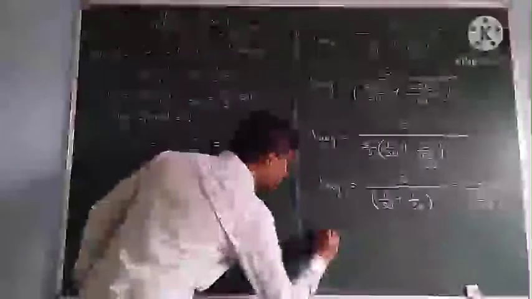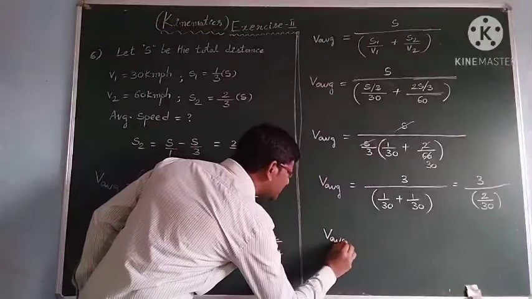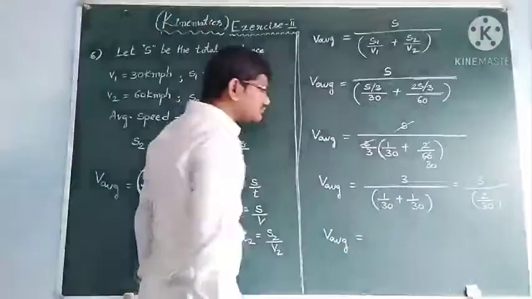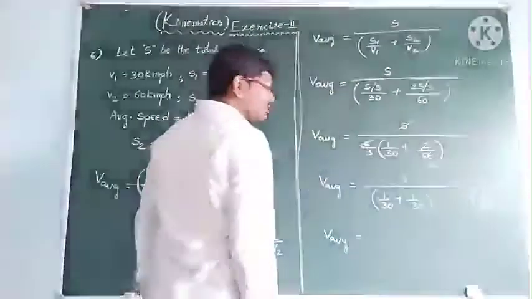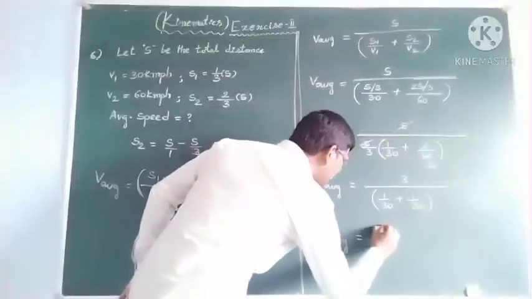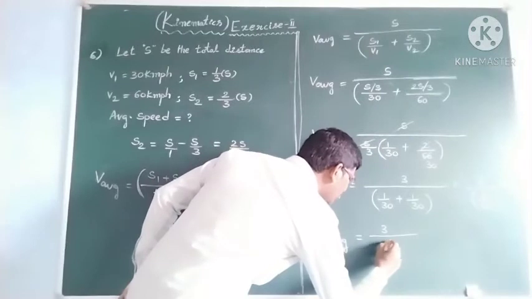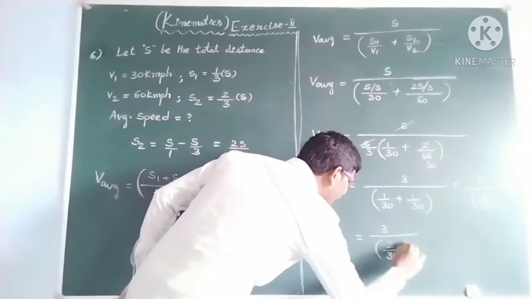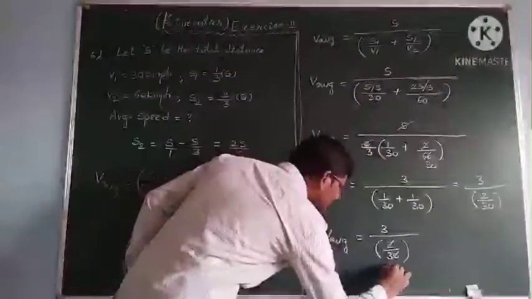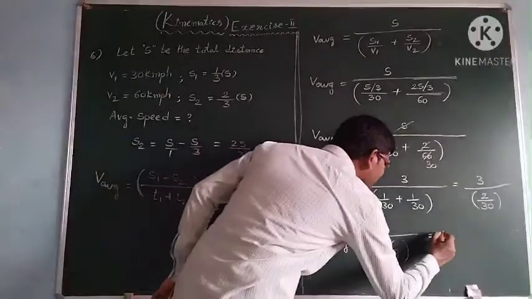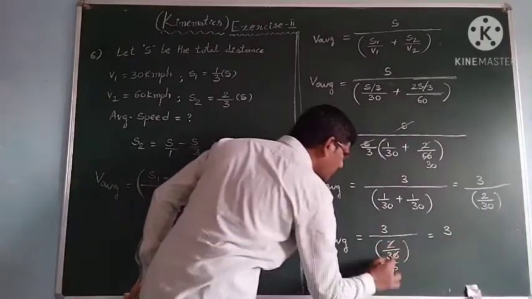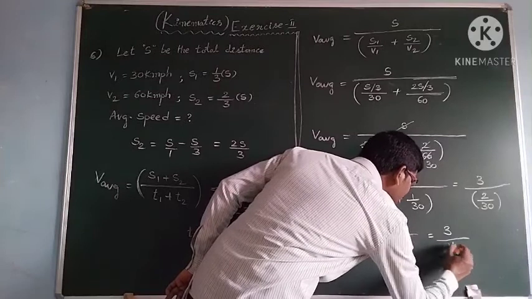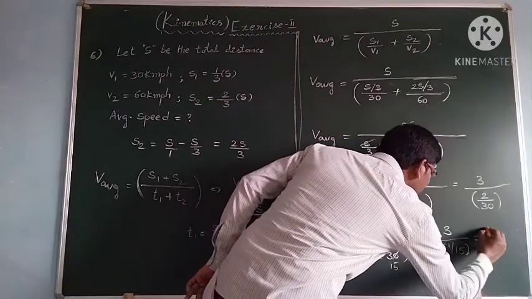Cutting with 2, 15s, you have 3 by 1 by 15. Take the reciprocal of this.